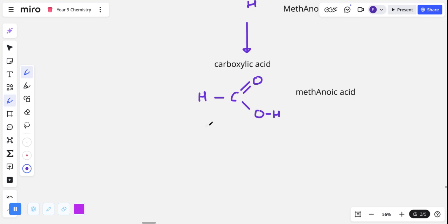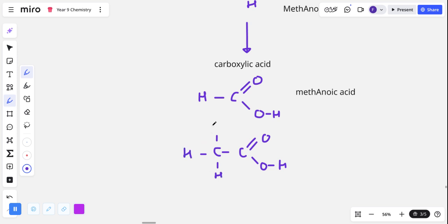Now, there's a carboxylic acid that we actually like on our fish and chips: vinegar. That has the same functional group, so watch how I draw it. Instead of one carbon, it has two carbons bonded, and this is covered in H's.